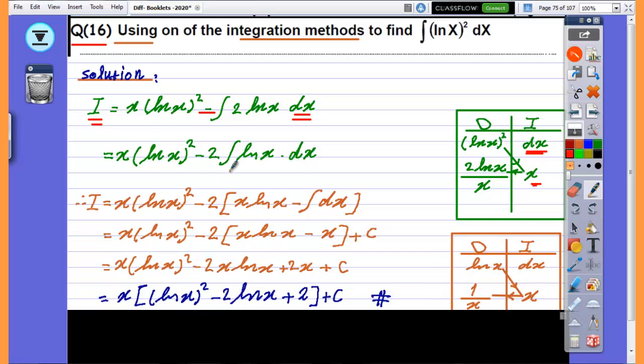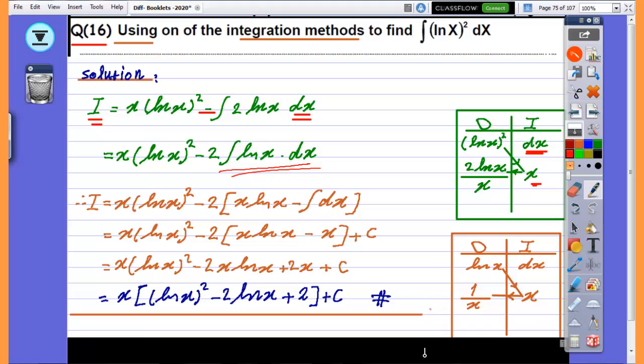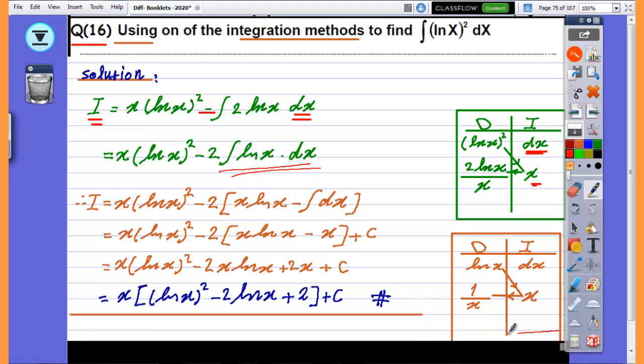The second integration here is ln x dx. For the integration of ln x dx, we will make another box and divide this into two functions. The first is ln x and the second is dx.